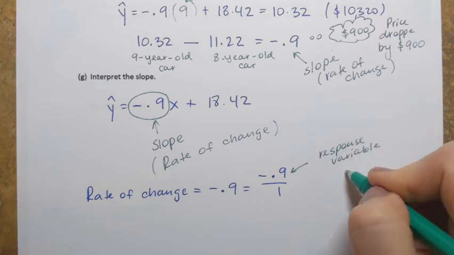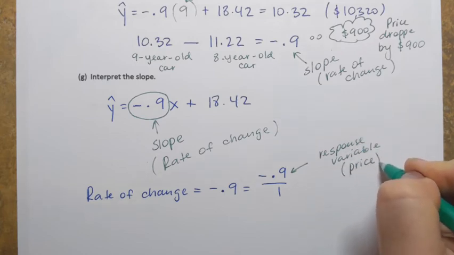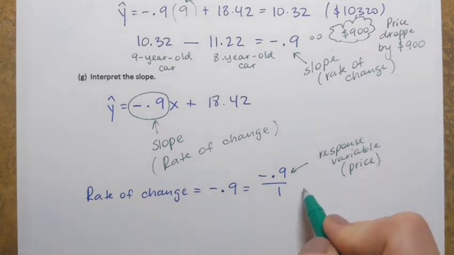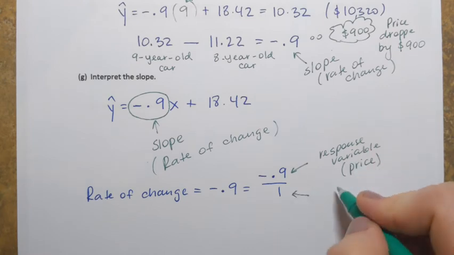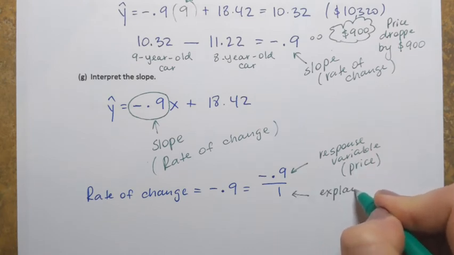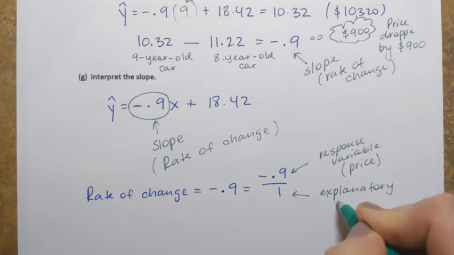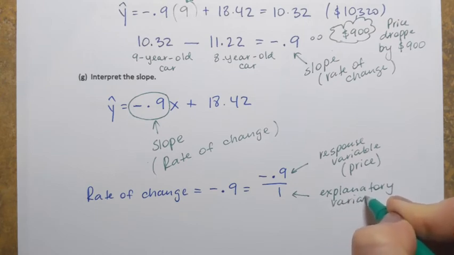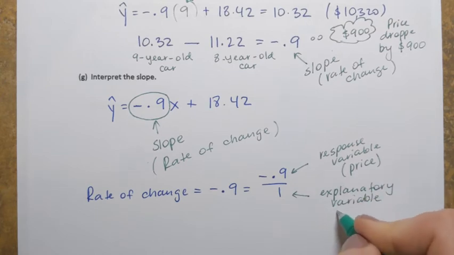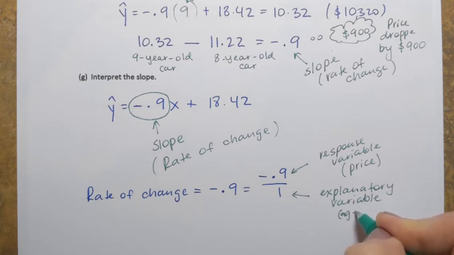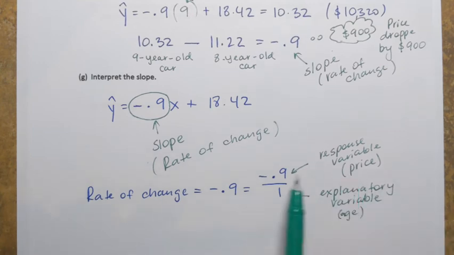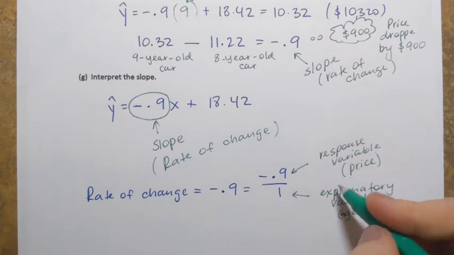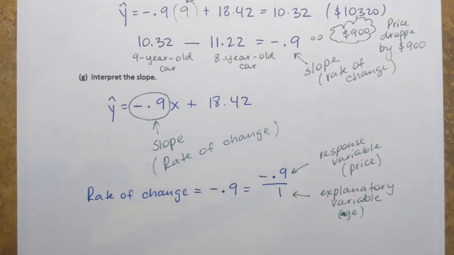In our case, it's price, so I recommend even writing out what it is. And the bottom number is the explanatory variable, and that is age. Once you look at the description of each variable, it helps you put this all together as an interpretation.